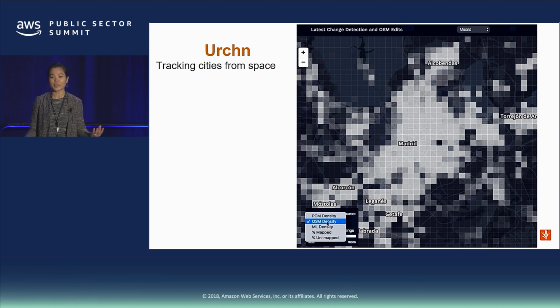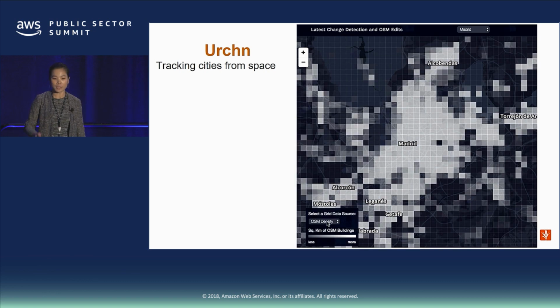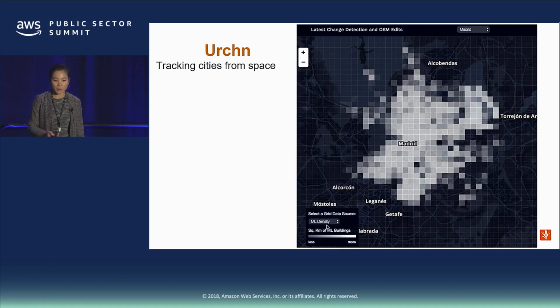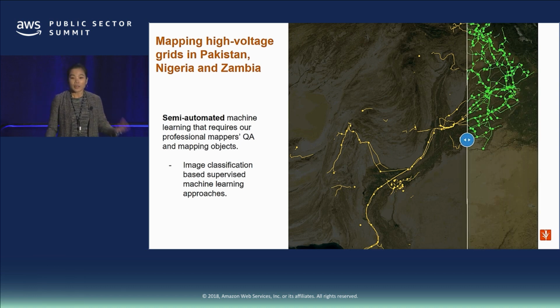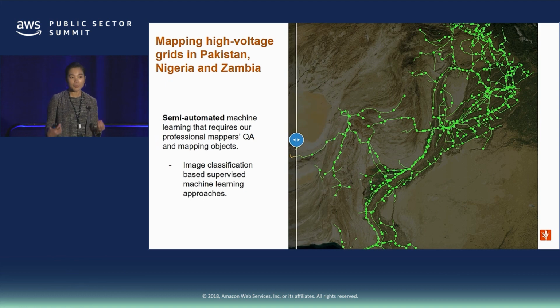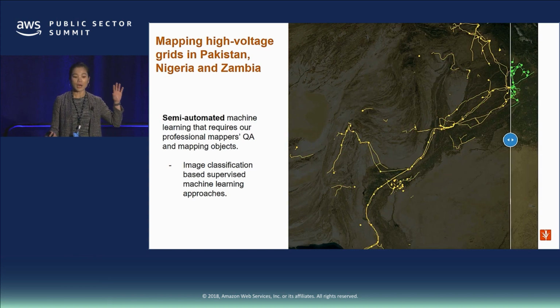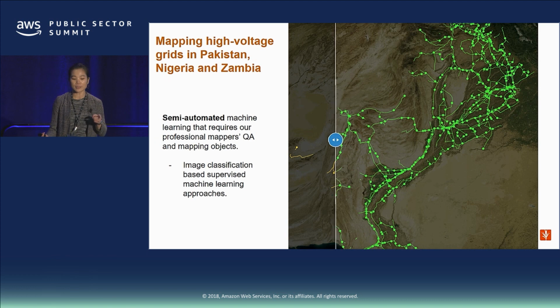Like tracking agriculture productivity, as well as green space and urban monitoring. And here is another machine learning pipeline we built, image classification, where we mapped the high voltage grid in Pakistan, Nigeria, and Zambia.